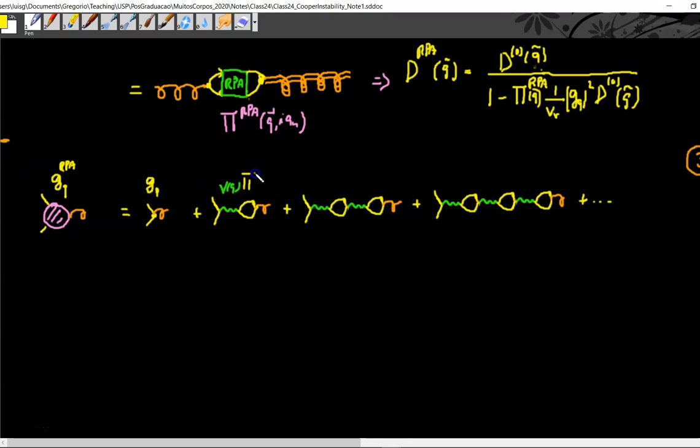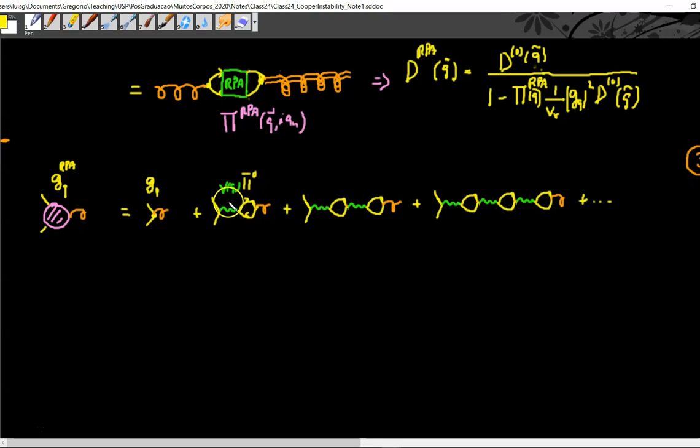The term between the free propagating line of the phonons and the propagating lines for the electrons. So I have this term here, and then I'm inserting the full RPA vertex here. Pretty much something similar to that, and the next term would be another bubble diagram with another interacting line.